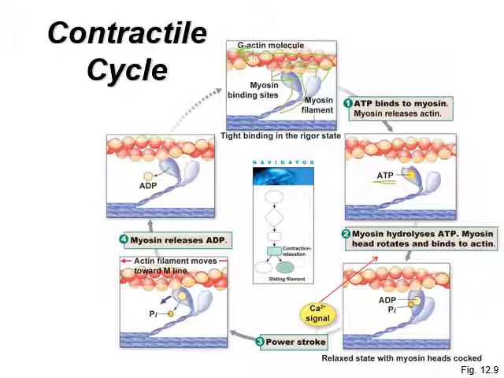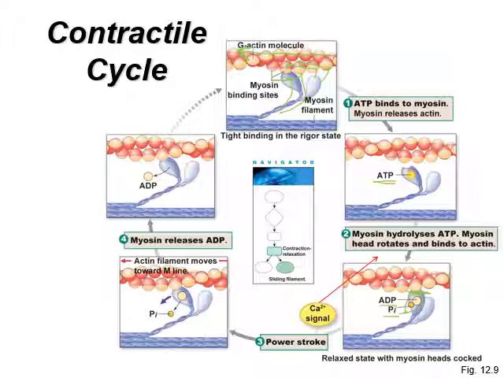The myosin head has an ATPase. It has an enzyme that splits ATP into ADP and phosphate. But see here it is still bound. This is a high energy state, and it allows for binding. So the ATP binding releases the molecule, but splitting causes the molecule to interact again with actin.